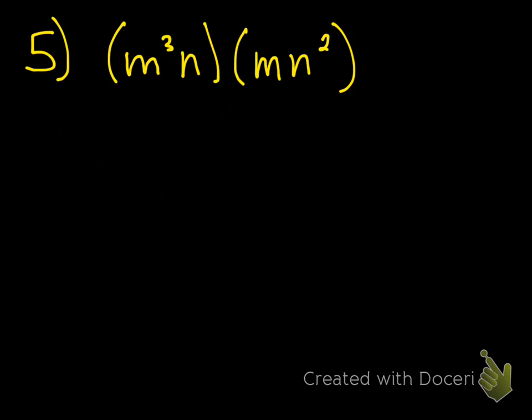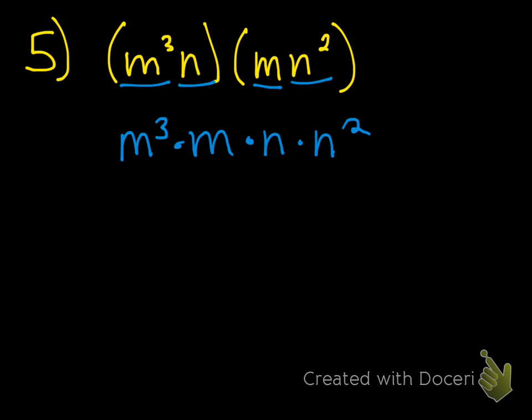All right, number 5. So here we go. We are multiplying. Remember what I said, you can take these terms and rearrange them. So let's just do that. So we've got m to the 3rd times m, because I'm just taking this term and that term, putting them together, times n squared. So I'm taking this term and this term.